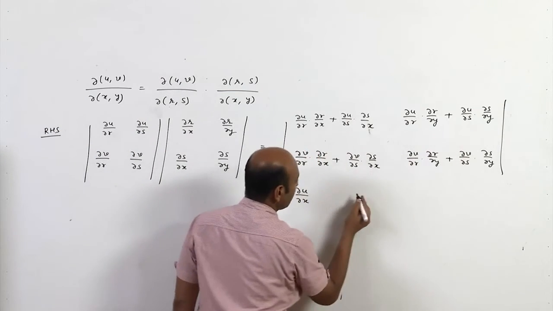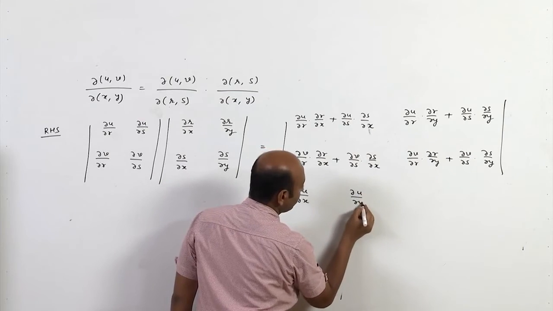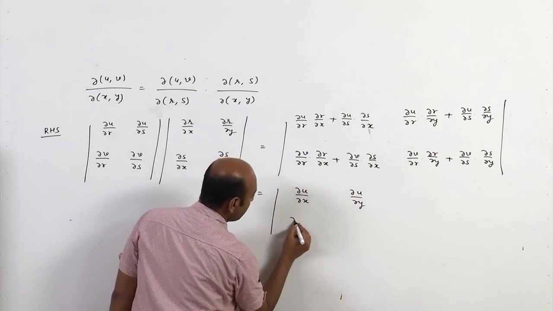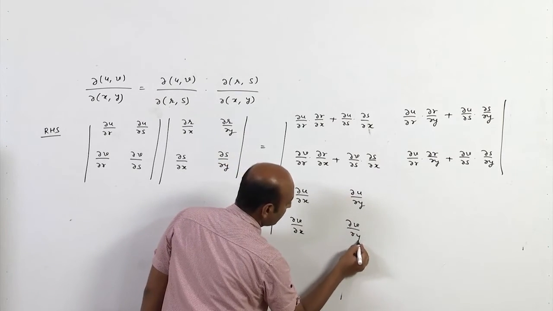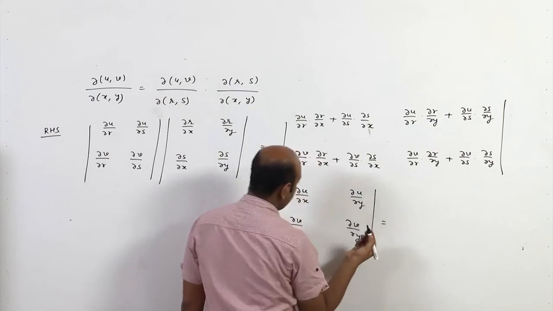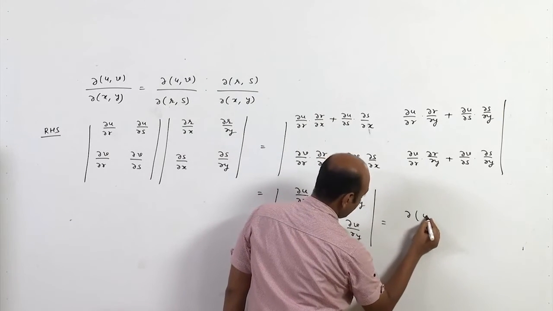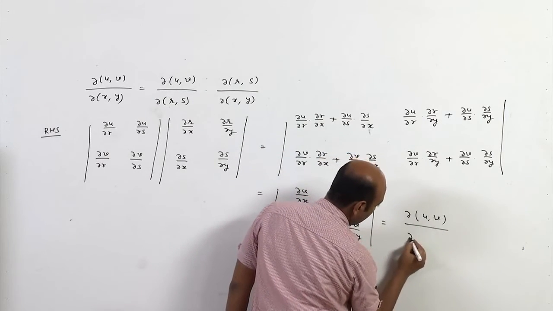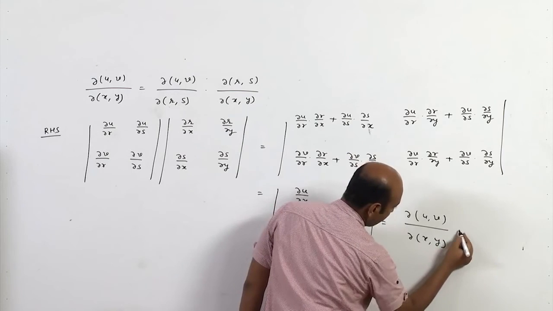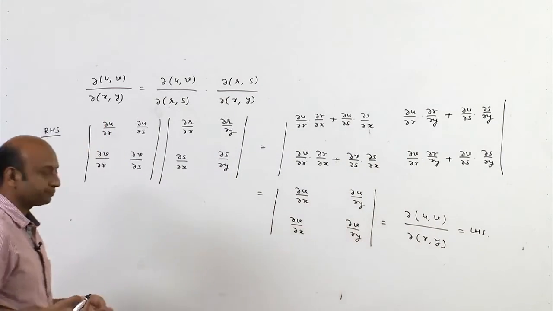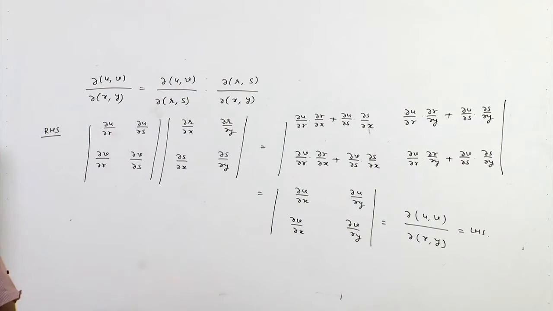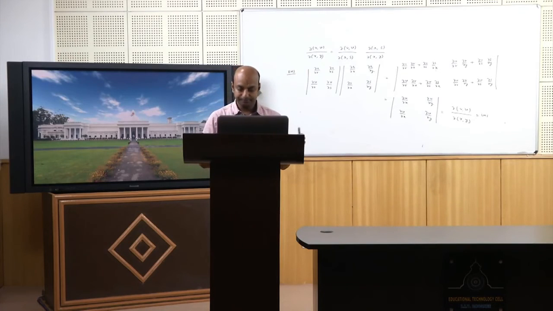Similarly, this term is del u by del y. Again, this is del v by del x and this is del v by del y. So, it is nothing but del of uv upon del of xy, which is the left hand side. So, we have proved it. This is the chain rule of Jacobians.